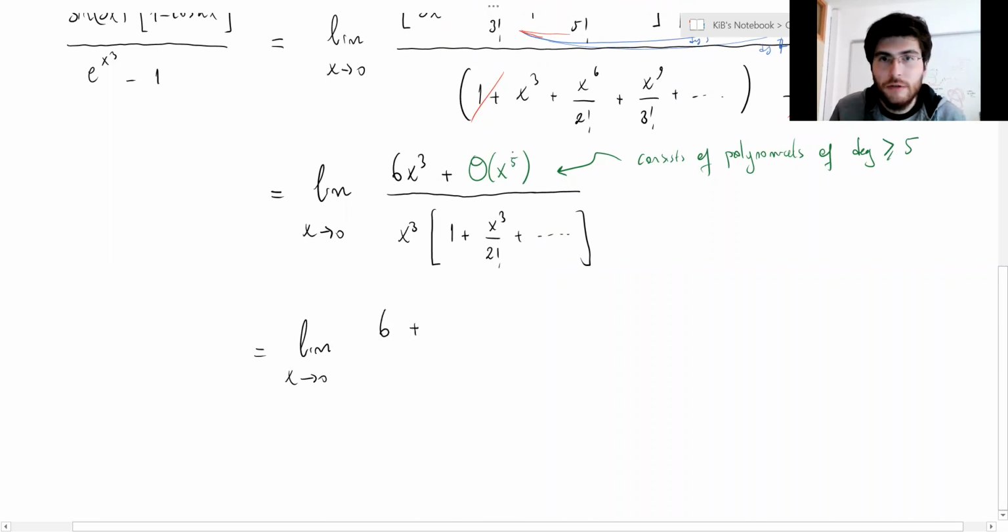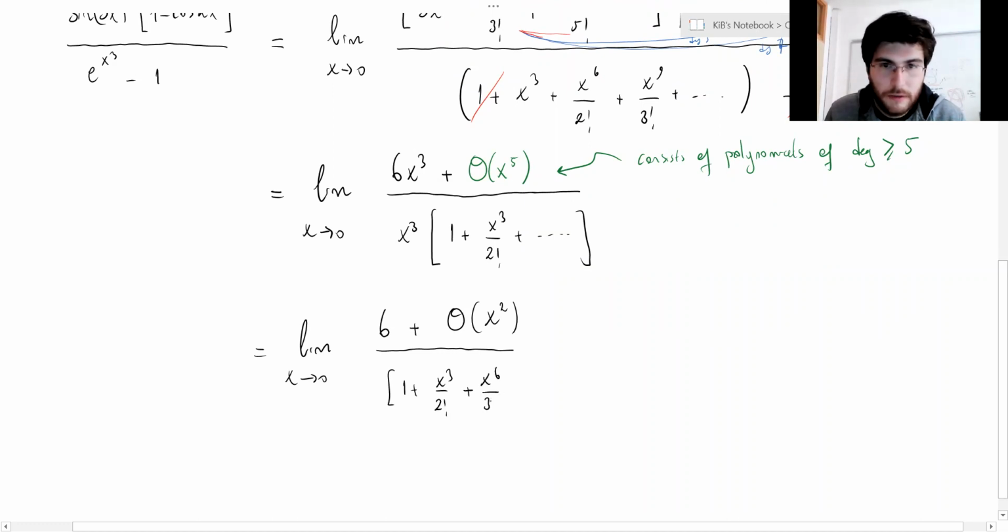All terms here consist of at least x to the power 5, and you cancel out by x to the power 3, which means the least possible degree you will see is x squared. And this is divided by 1 plus x cubed over 2 factorial, plus maybe the next term, 3 factorial.